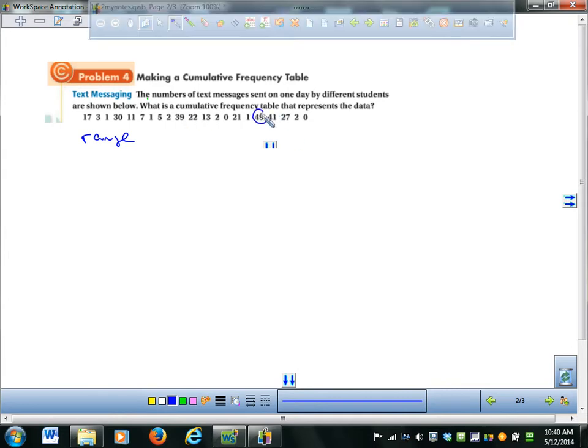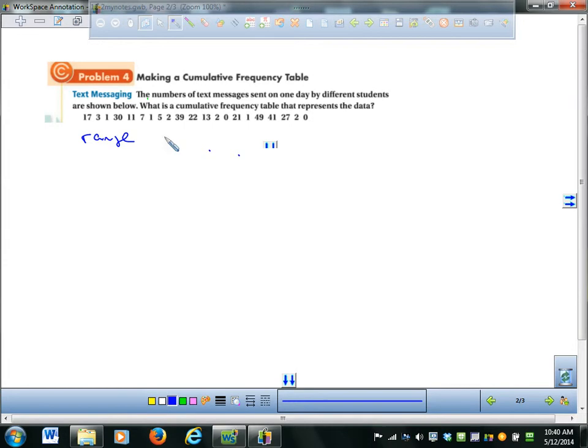Oh, it's more than that, sorry. Anyway, this is the number of text messages sent in a single day.